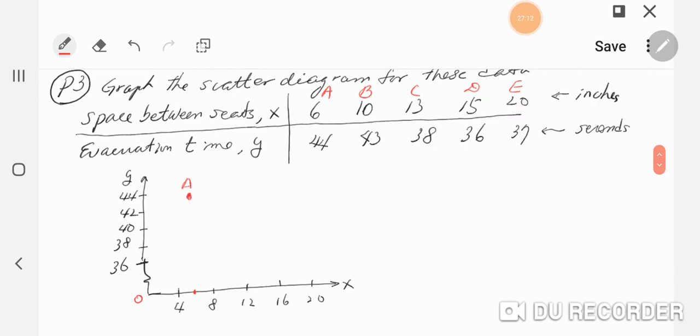Okay, point B is 10 and 43. X is 10, so it should be over here. This is 10, right? And then go up to 43. So 43 is over here. So it has to be somewhere between 42 and 44. Right?